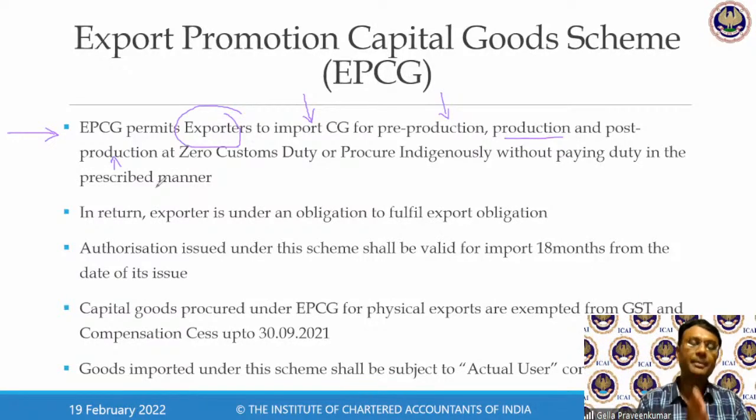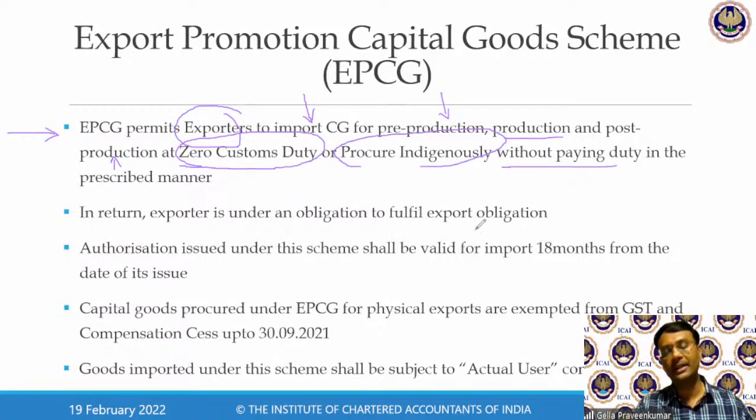So I can have these capital goods where they permit pre-production, during production, post-production. All these 3 stages, they have said, look, you can get the benefit of EPCG. How? For procuring this machinery at 0 customs duty, or procure indigenously without paying the duty in the prescribed manner, without paying duty or taxes concerned.